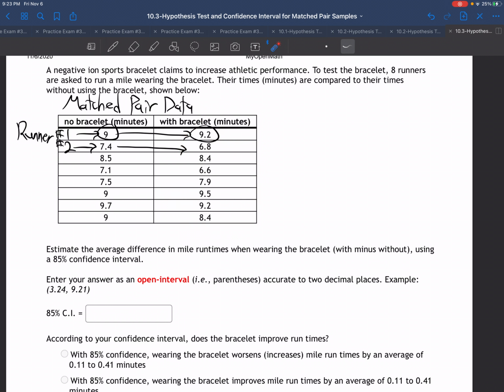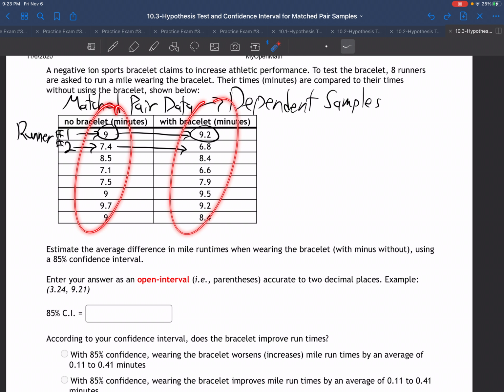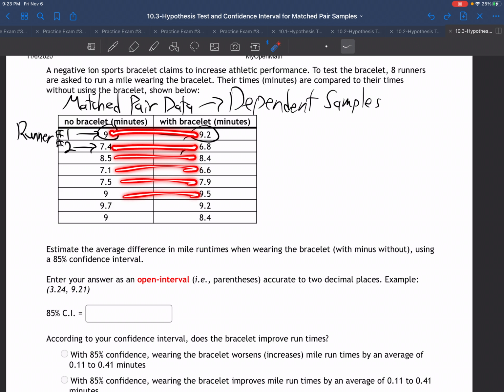That would be independent groups, 2 independent samples, but these are matched pair, dependent samples, meaning these numbers depend on these numbers. This 9 is connected to that 9.2, this 7.4 is connected to the 6.8, etc., because they're the same person, with and without the bracelet.